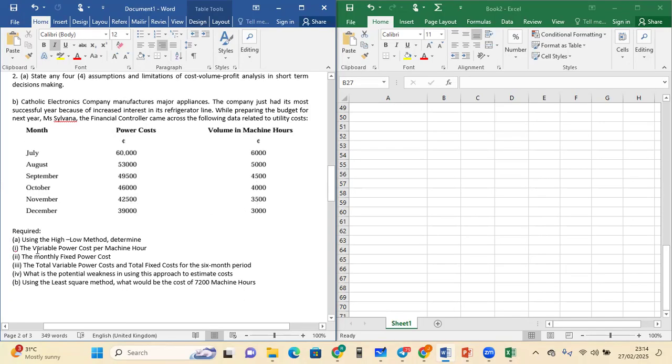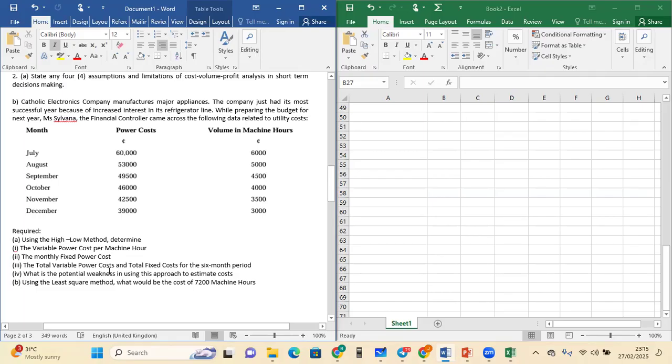We are required, using the high and low method, to determine the variable cost per unit, the monthly fixed power cost, the total variable power cost, and the total fixed cost for the 6 month period.